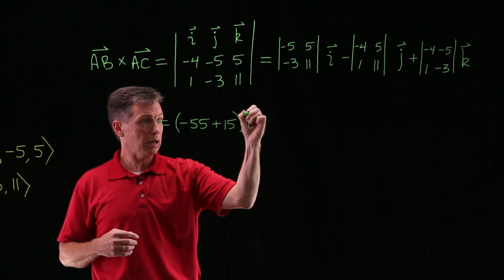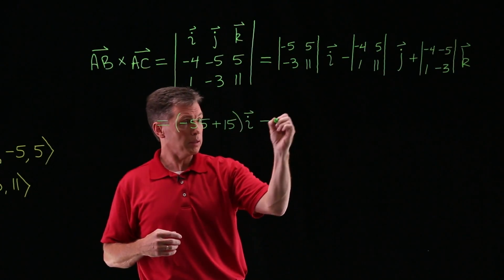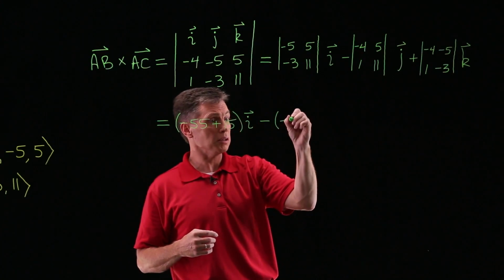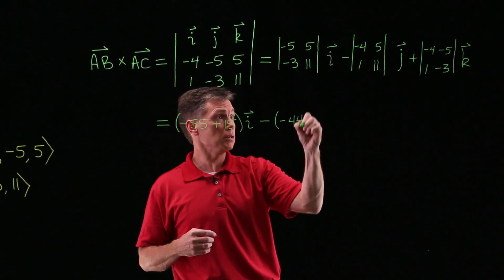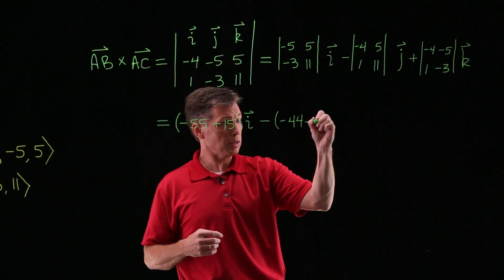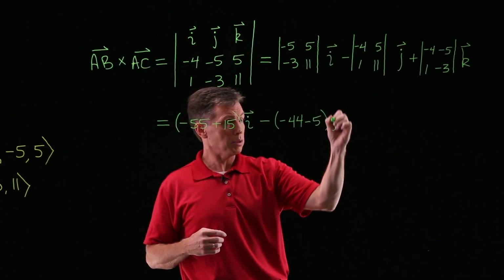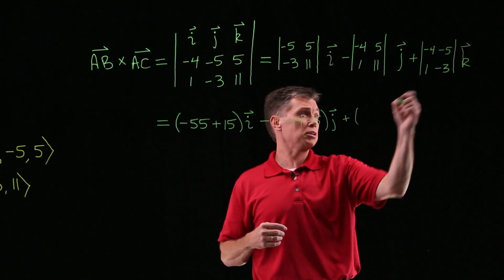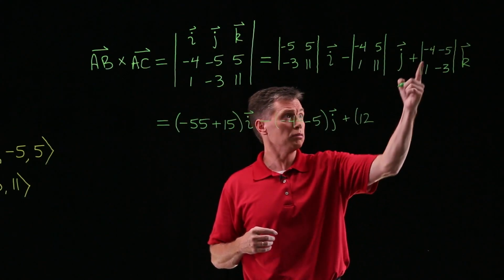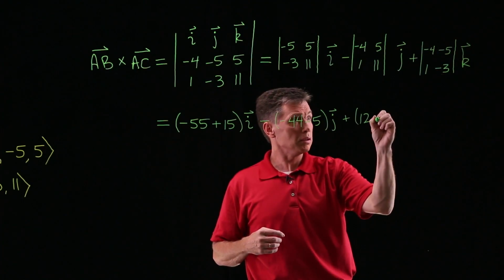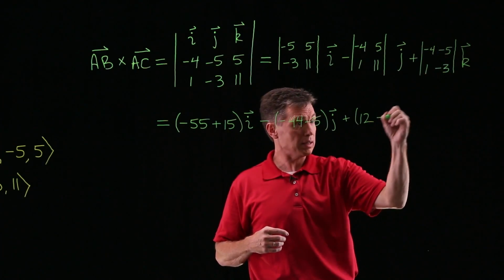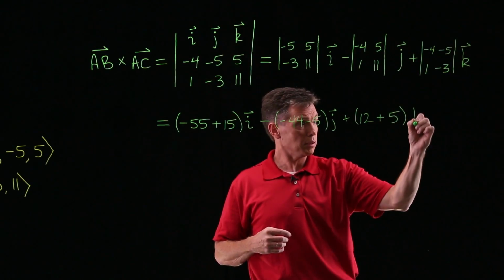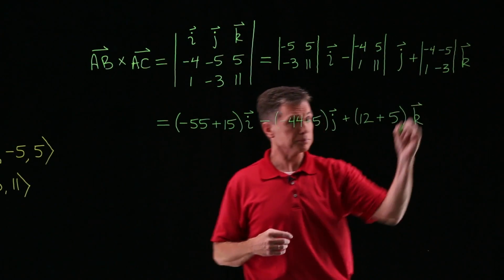That'll be my I component, minus parentheses, and my crisscross here looks like a minus 44. Subtract 5. That'll be my j component. Plus crisscross here looks like a positive 12. Negative 4 times negative 3. Subtract a negative 5, so I'll make that plus 5. And that'll be my k component.